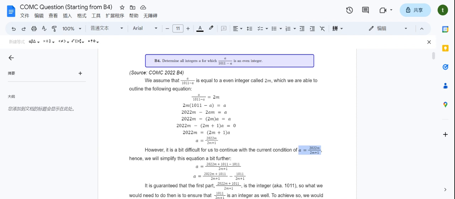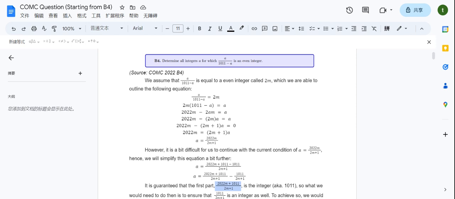We will add 1011 and subtract 1011, so that we don't add anything, but this presentation allows us to put it in a more simplified form. We split 2022m plus 1011 divided by 2m plus 1 into this and this, where the first part is guaranteed to be an integer, which is 1011.